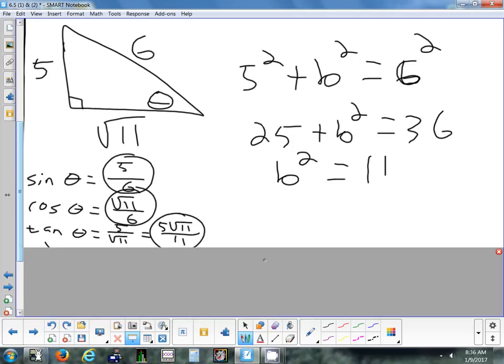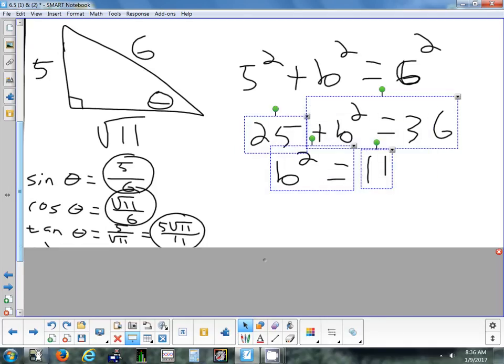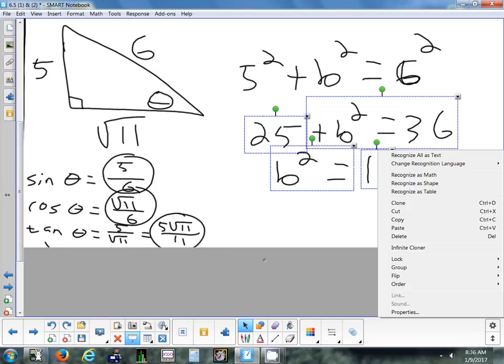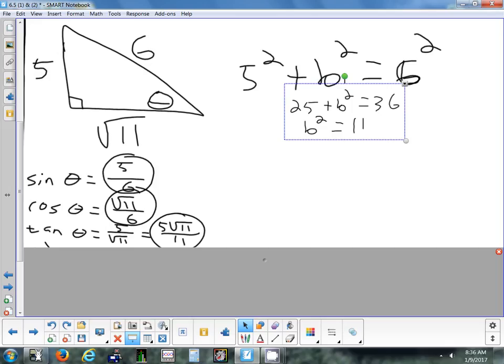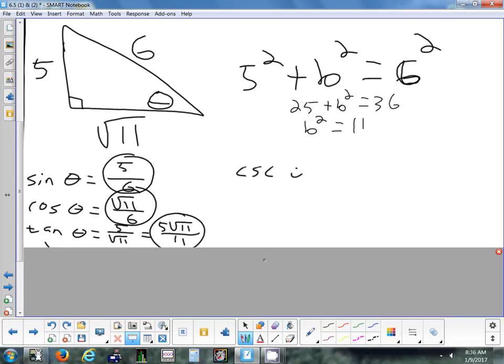Now, to get the other 3 trig functions, what am I going to do with each of those? Yeah, I'm just going to flip them. When you flip sine, what trig function does that give you? Cosecant.